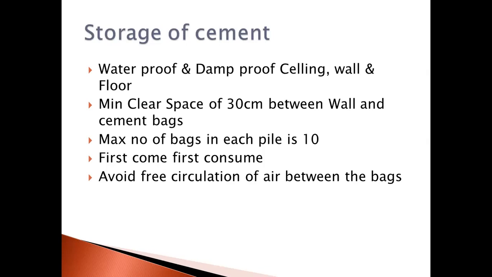And we should use the thumb rule of first come, first consume, because as the days increase, the strength of the cement will reduce. So the cement which comes first should be consumed first. And the final thing is, to avoid free circulation of air, we arrange one pile and another pile close together, so that no air can circulate inside the cement.